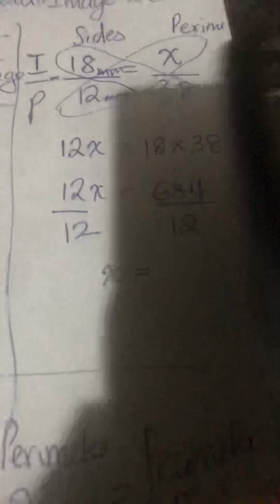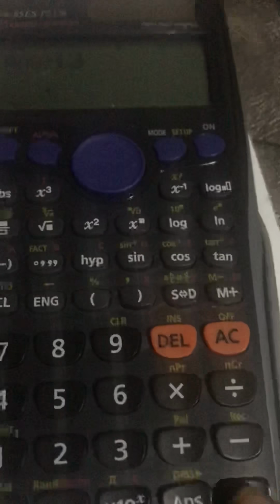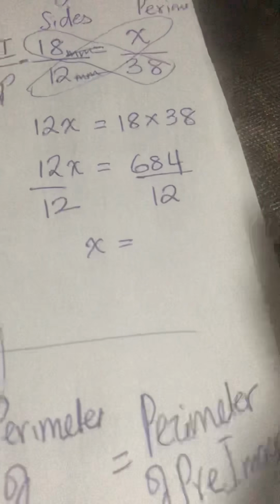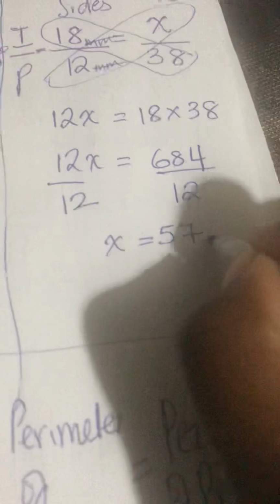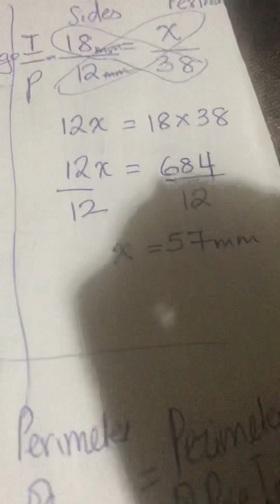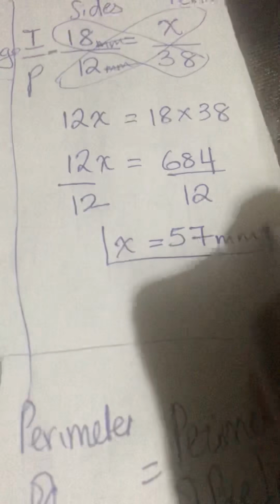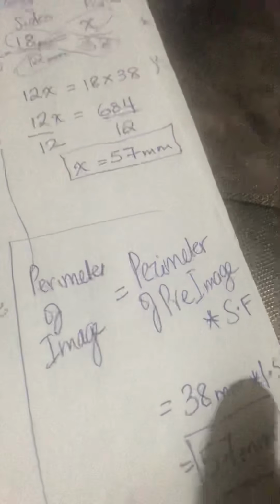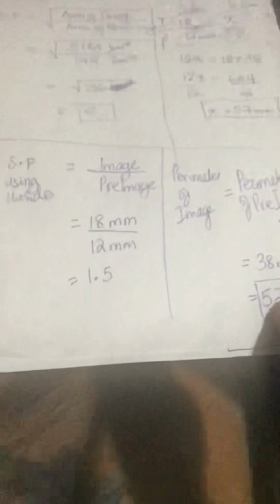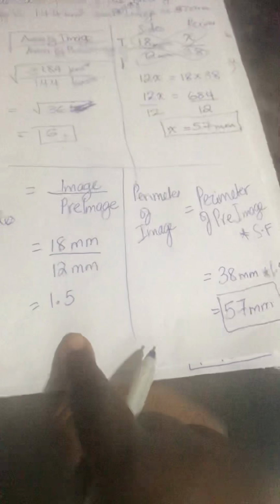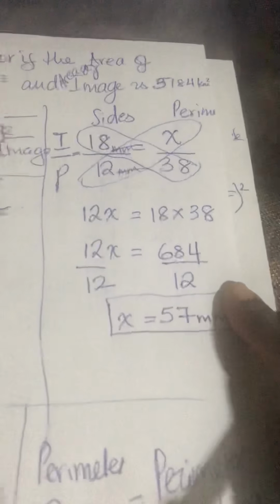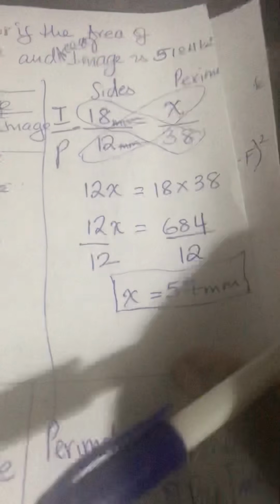X equals 57 millimeters. Okay, and which is the same here. See? No step 1 and step 2. And then here we just use the proportions and we found our answer.